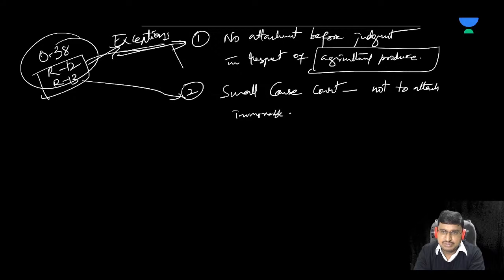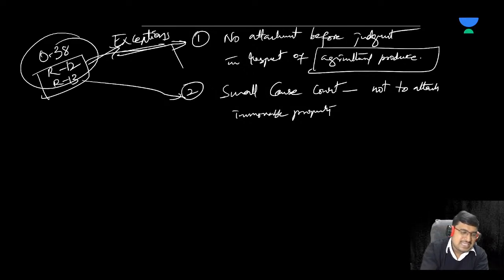It can attach movable properties. Nothing in this order shall be deemed to empower any court of small causes to make an order for attachment of immovable property. Therefore, the small causes court can attach movable property only. This is about attachment before judgment and arrest before judgment. Friends, I think you got all the points here.